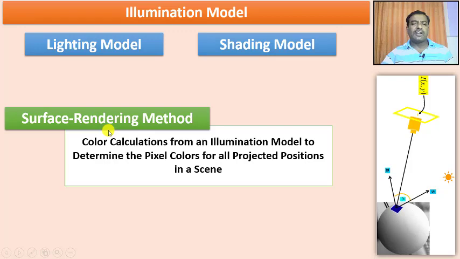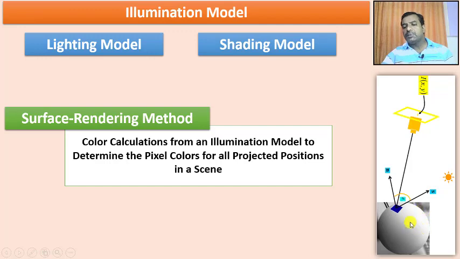And what is a surface rendering method? It is the color calculation from an illumination model to determine the pixel color for all projected positions in a scene. That is, if I want to project this sphere on the display screen, I should know what each pixel color value is going to be.